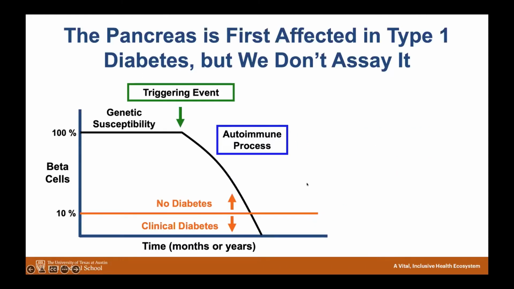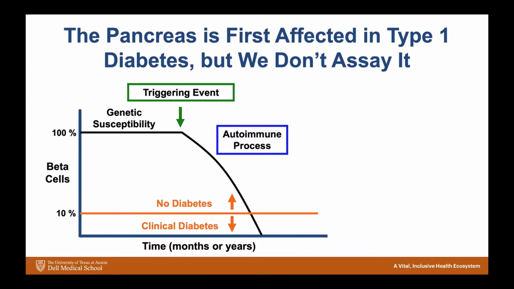All right. So we typically think of type 1 diabetes as a pancreas-derived disease, but we don't actually assay the pancreas when we're diagnosing or monitoring type 1 diabetes, right? So we typically look at blood biomarkers.